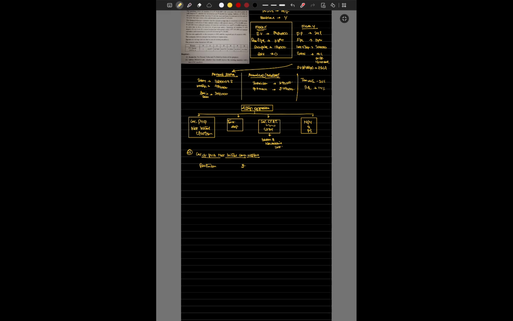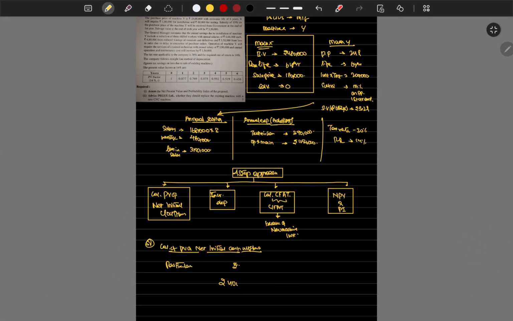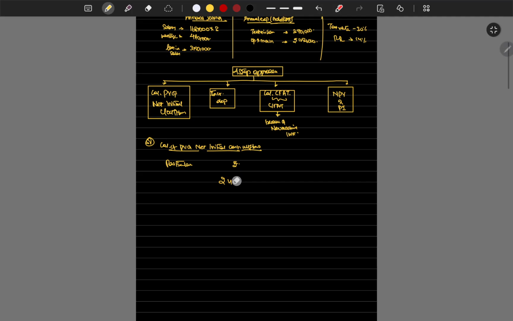What's the present value of initial cash outflows you have to find? So what are the initial cash flows we have? 24 lakhs. This is the purchase price, 24 lakhs.